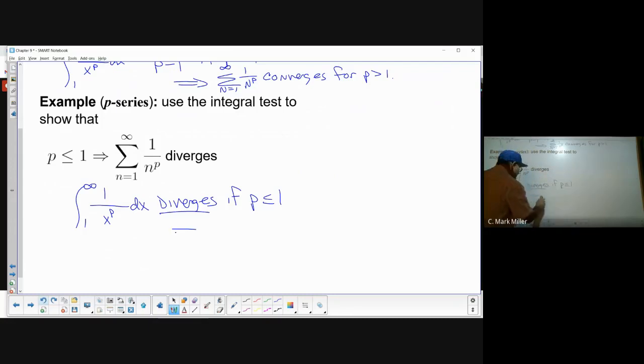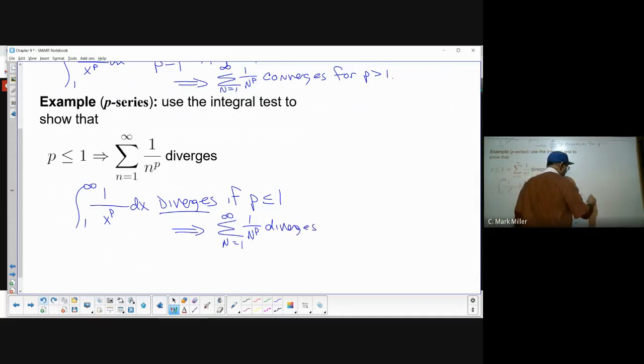That implies that the series from n equals 1 to infinity of 1 over n to the P diverges for P less than or equal to 1.